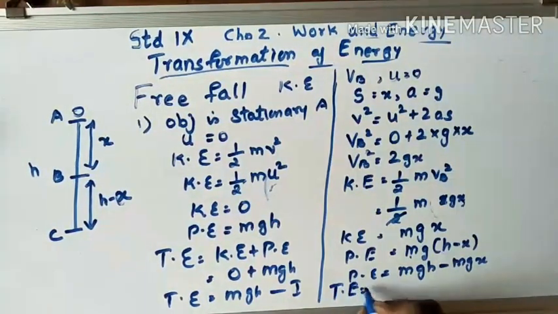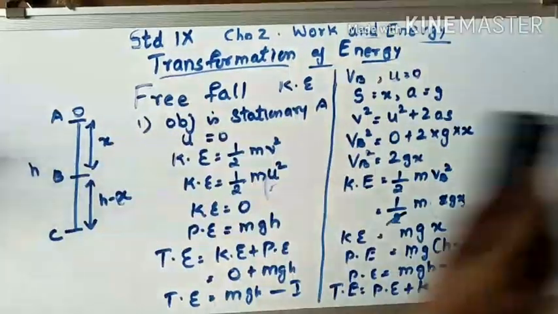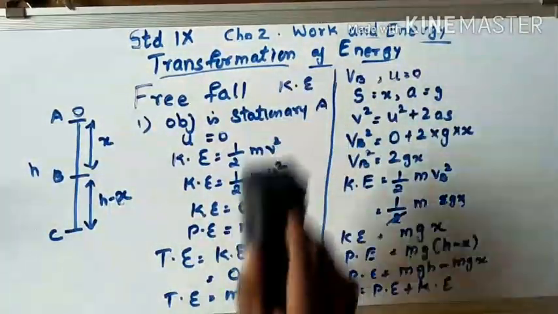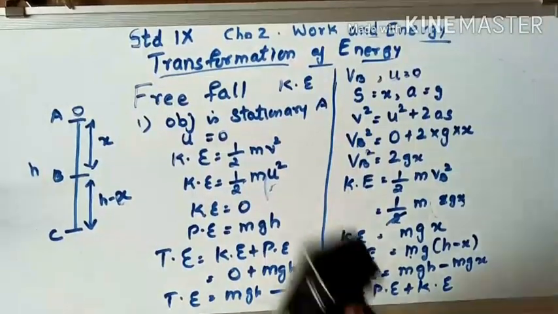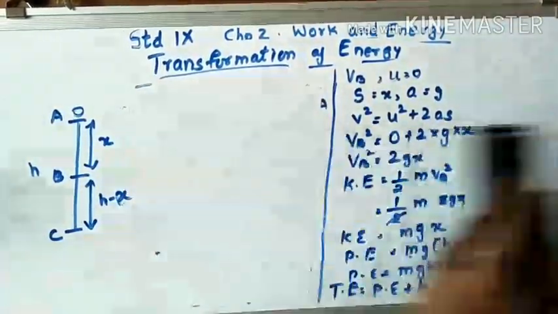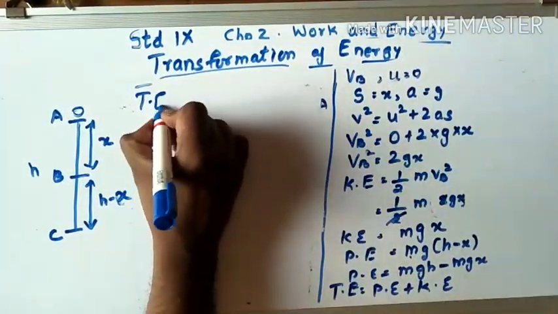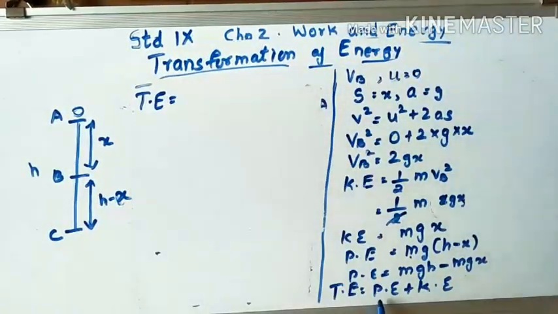So what about total energy? Your total energy is potential energy plus kinetic energy. Let me do this here. I'll continue on this side. So total energy is equal to kinetic energy plus potential energy.